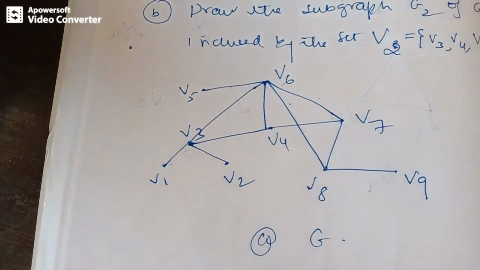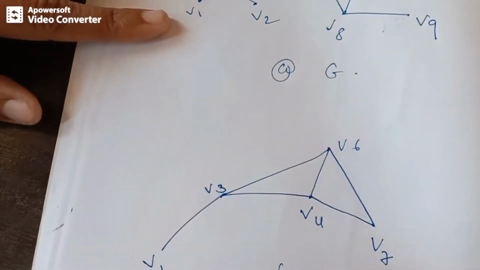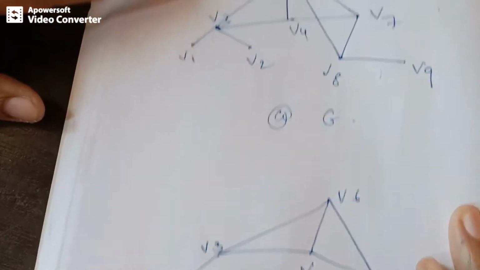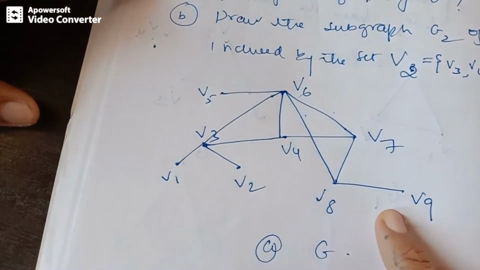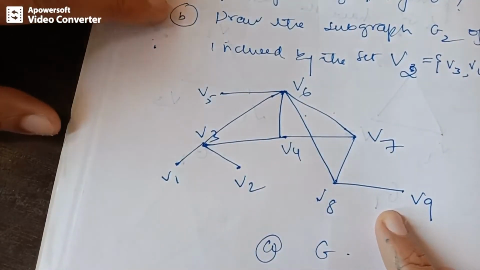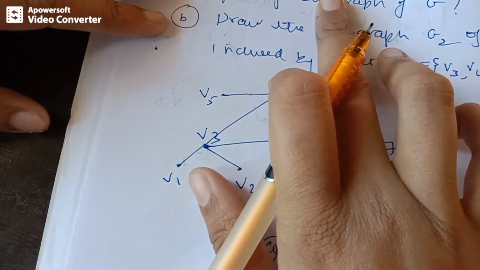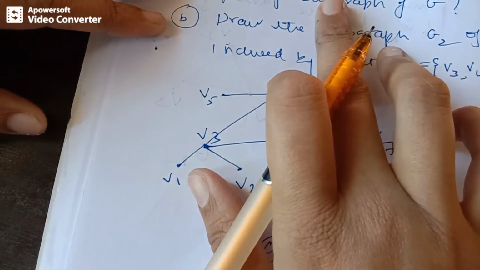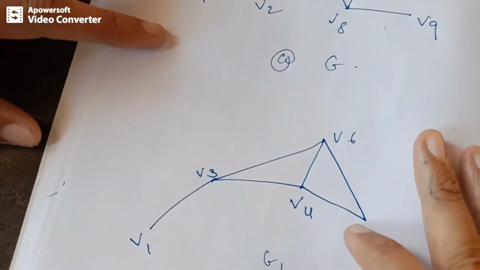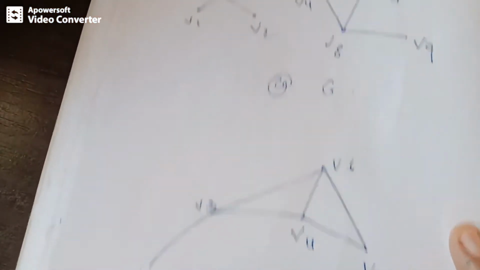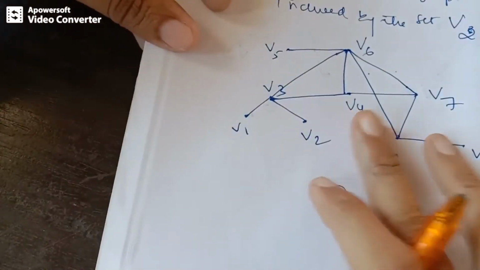We are supposed to identify whether the first graph G1 is a subgraph of G. And this is graph G. Before identifying whether it's an induced subgraph, we need to identify whether it's a subgraph. First of all, let's see the definition of subgraph. Subgraph means all the vertices in graph G1 must be included in graph G, and whatever edges are present between the same end vertices must be there as in graph G.